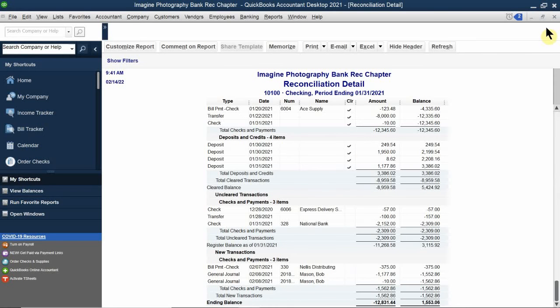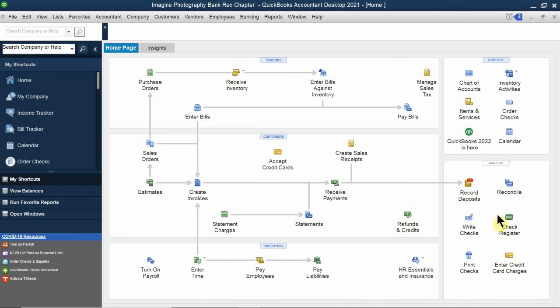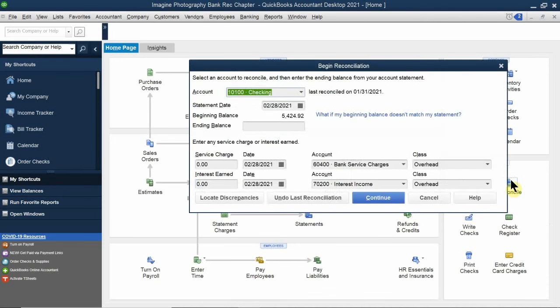Okay. Now, for any reason you feel it necessary to do this, you can always undo your last reconciliation. This is highly not recommended. But as you can see here, like I mentioned, it carried that number from my previous reconciliation.